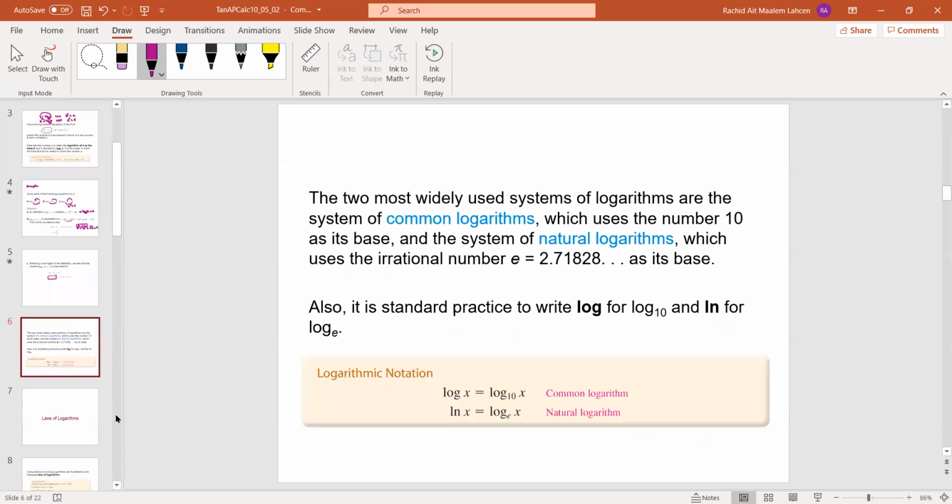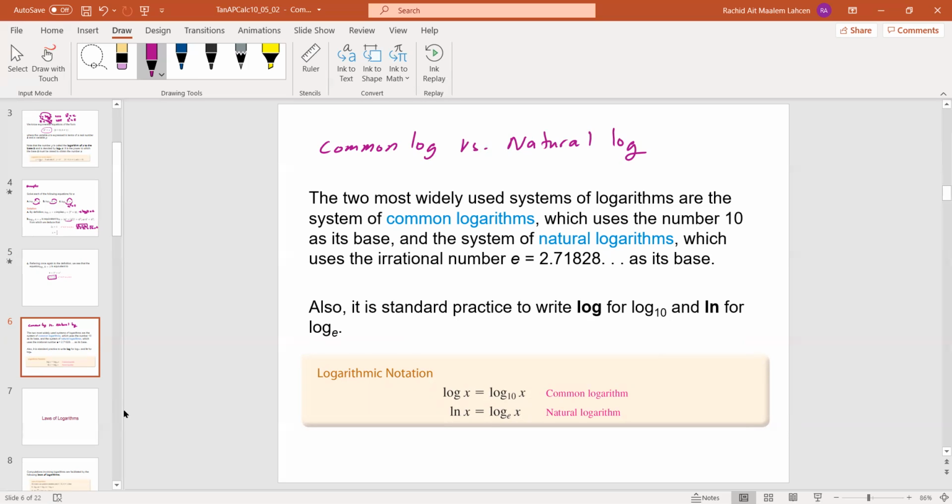Okay. So the two widely used systems of logarithms are the common log and the natural log. The common log is base 10, and on a calculator you see just log there. The natural log is ln on a calculator, and it is the log with base e, right?